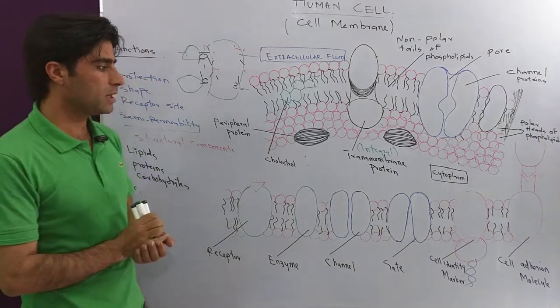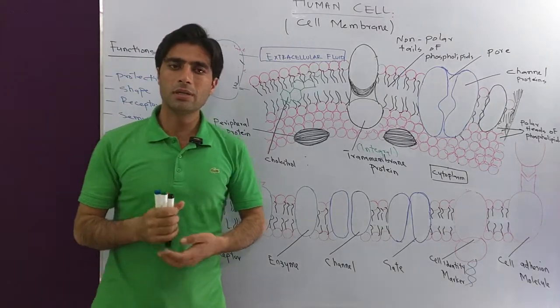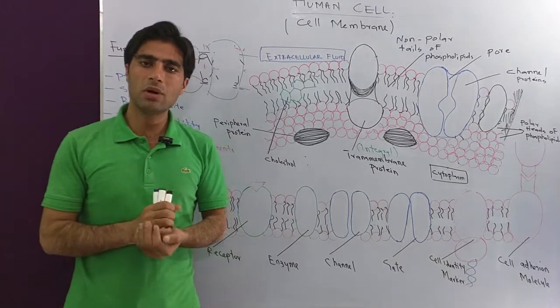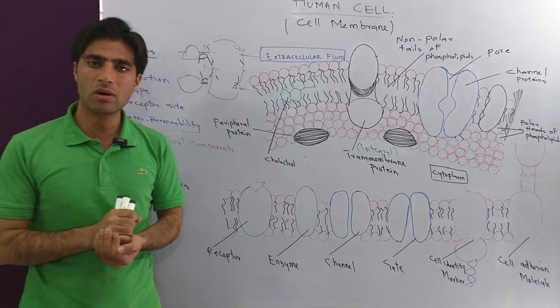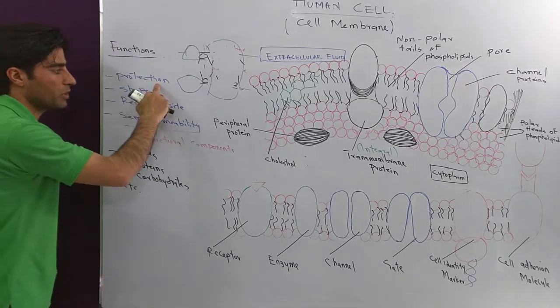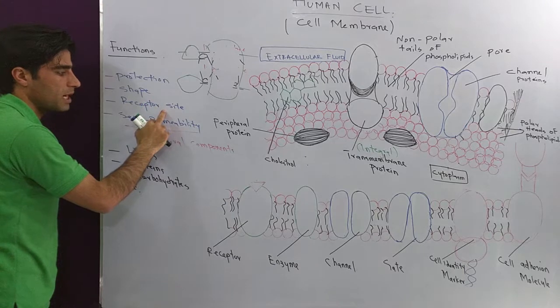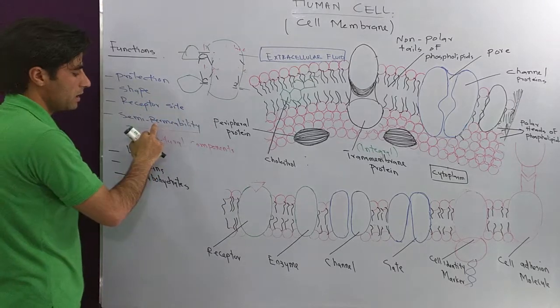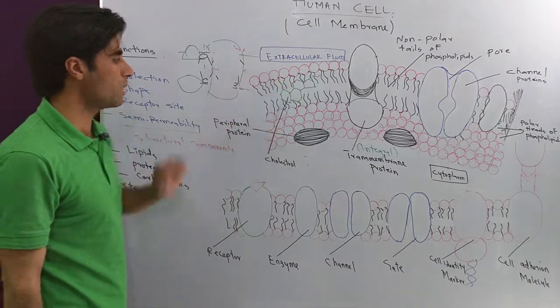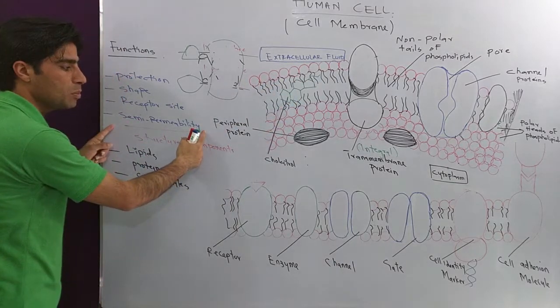But let me just recap it. Let me just summarize this topic, that is the cell membrane. The cell membrane is one of the most important organelles of our cells, and it is responsible for protection, shape, receptor site, and semi-permeability. The receptor site is located on the cell membrane, and finally comes semi-permeability.